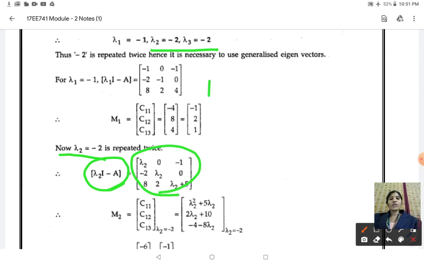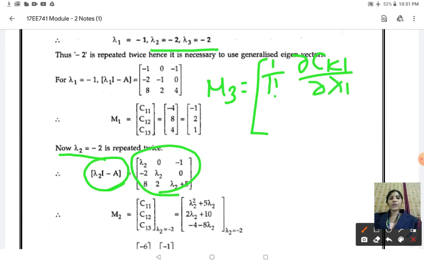Because when you want to find M3, the formula is 1 divided by 1 factorial, dou Ck1 divided by dou lambda 1, and it goes on till the nth factor. Because of that, if you frame Ck1 as an equation, when you do M3, it will be easy for us to differentiate it. So from this, you identify what is your C11, C12, C13. Write it in the form of an equation.